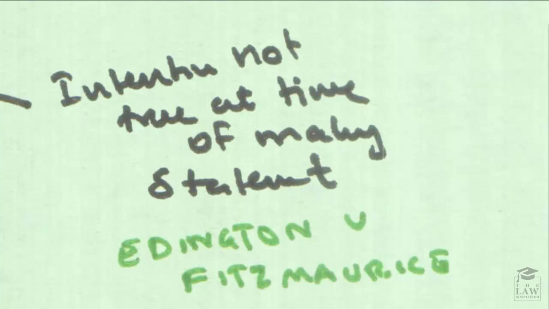Now, if we pause for a minute, you'll understand that throughout your study of the law of contract, most judgments or most decisions are made not purely on the words themselves in a contractual document. Rather, they are made based on the intention of the parties, whether there was consensus ad idem between them.